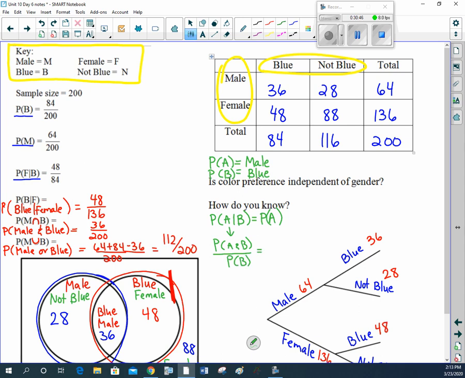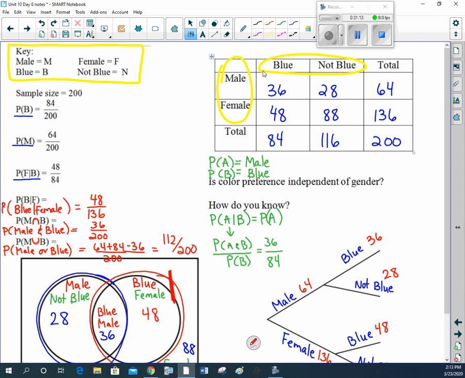Okay, so the probability of A and B, so the probability of male and blue, is 36 out of 200, but since the next one's going to be out of 200, I'm not going to put them out of 200 because they're going to cancel out anyway. And the probability of liking blue is 84 out of 200. So there we go, that's the left-hand side, our first ratio, 36 out of 84.